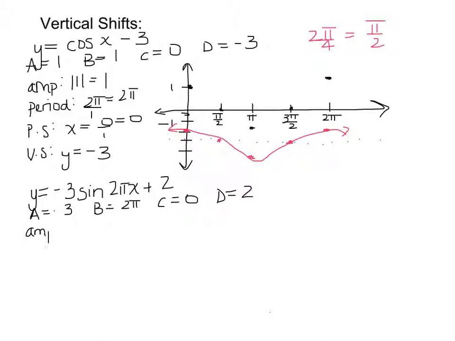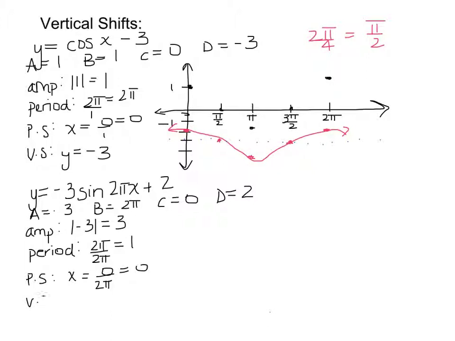So my amp is the absolute value of -3, which is 3. My period is 2 pi over 2 pi, which is 1. My phase shift is x equals C over B, which is still 0. And my vertical shift is y equals D, which is 2.